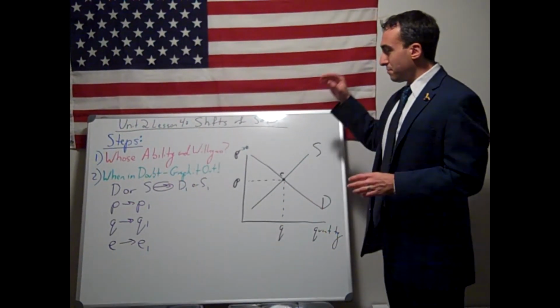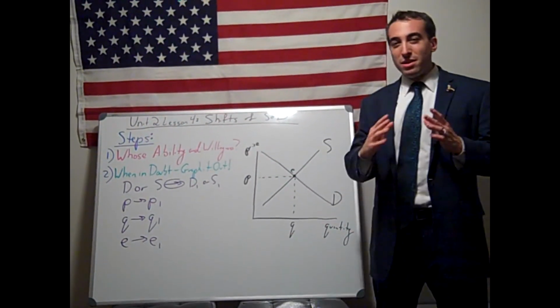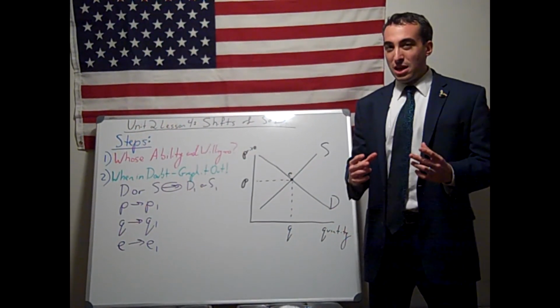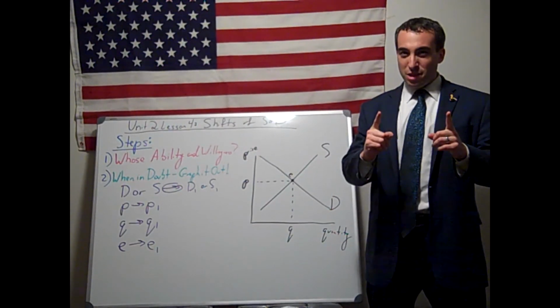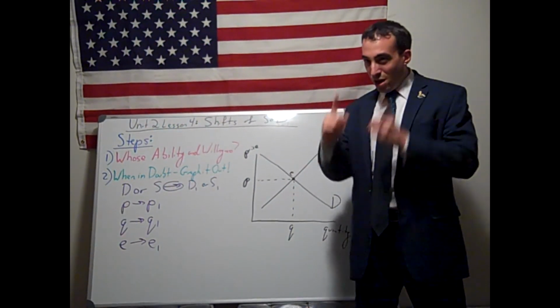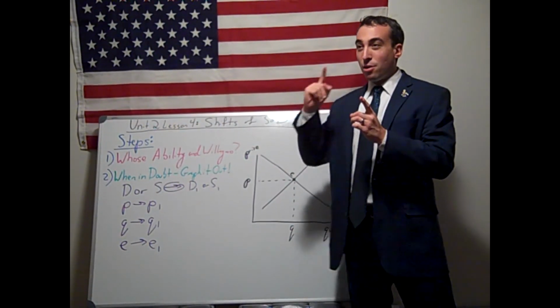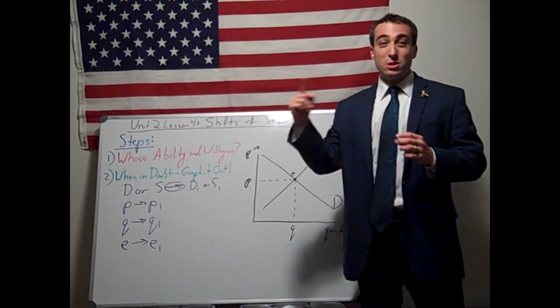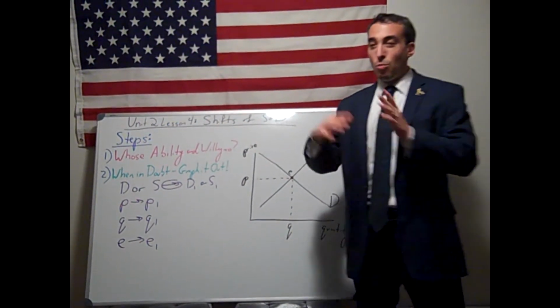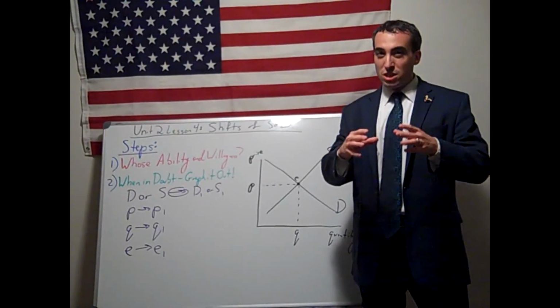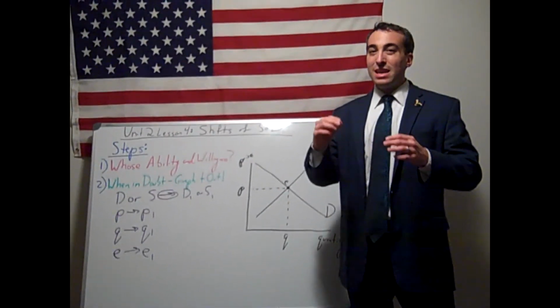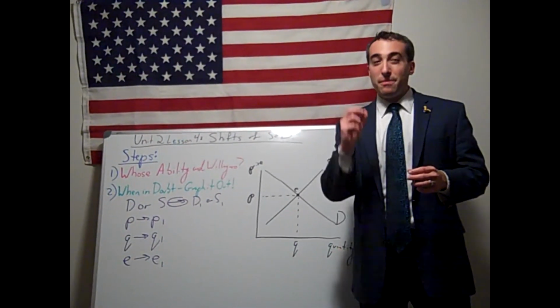So, steps. Number 1. First, remember, one scenario in the question is one supply or demand. It is one perspective. So one scenario, one perspective. Ask yourself, based on this scenario, whose ability and willingness is immediately affected?